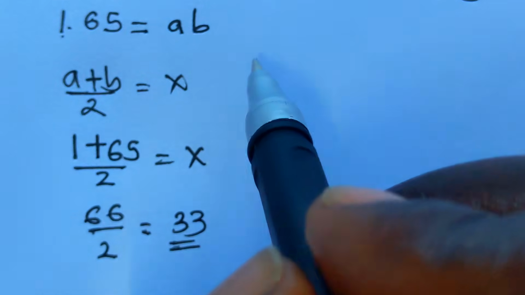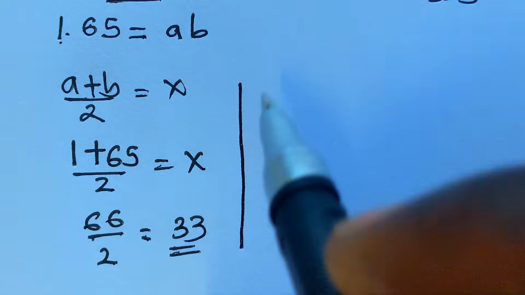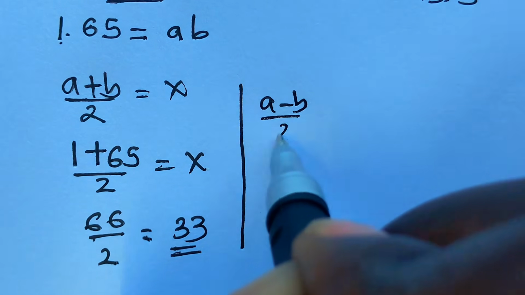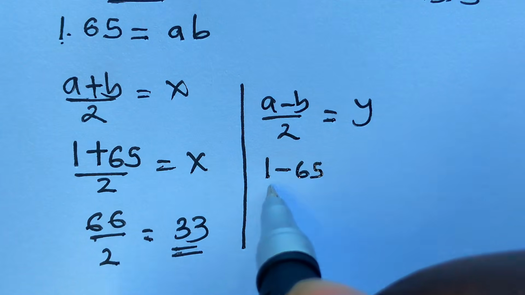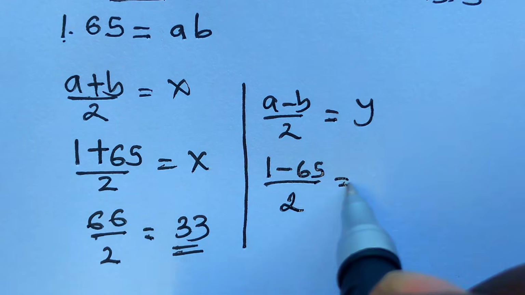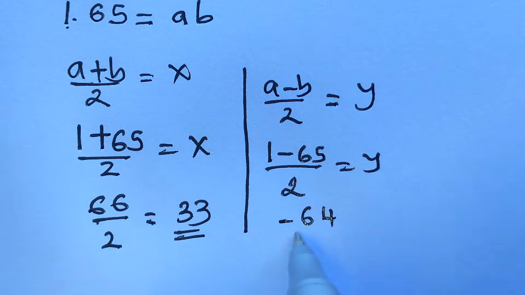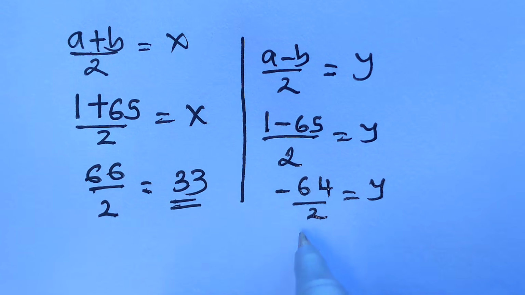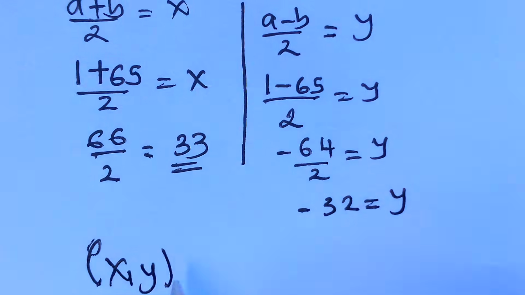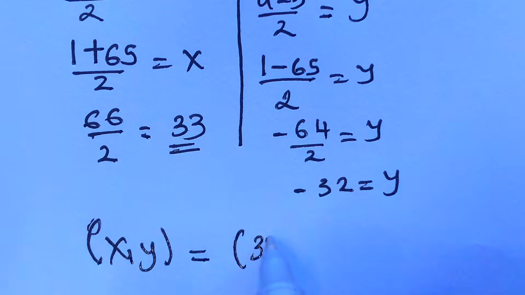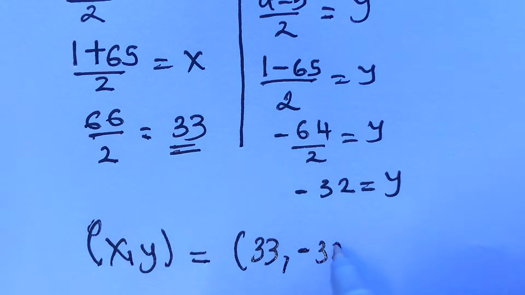And we have (a minus b) over 2 equals y, so (1 minus 65) over 2 equals y, which is negative 64 over 2, which is negative 32. So the solution set of x, y here is 33 and negative 32.